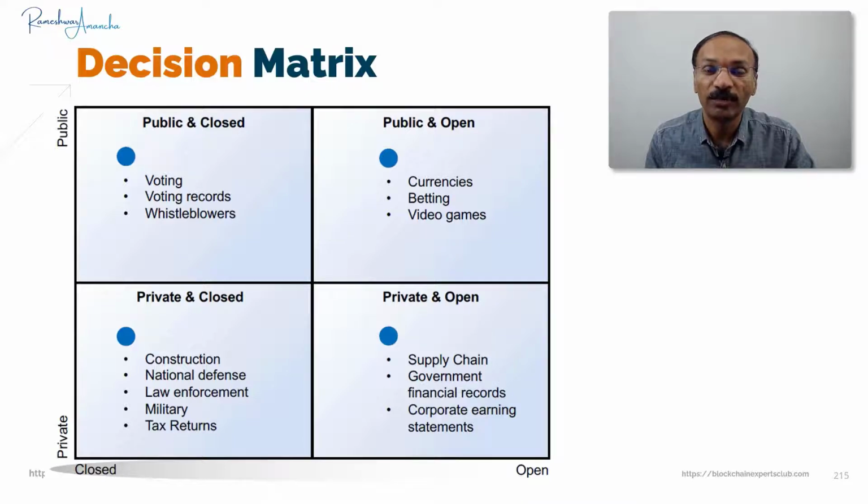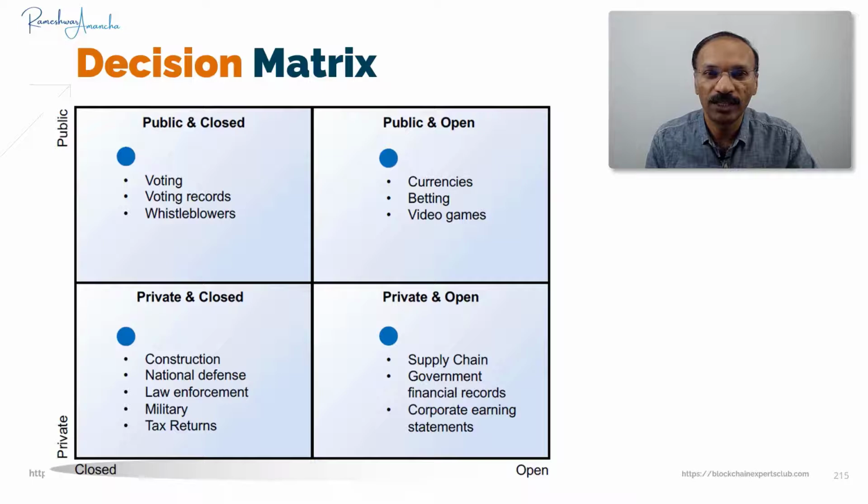And also government financial records. We want to see what the government is spending on. Though the writing is happening by the government, users should be able to read the data. So that will be part of private open. And also corporate earning statements. In most companies, the earning statements are very secure; they don't expose that information to the general public.